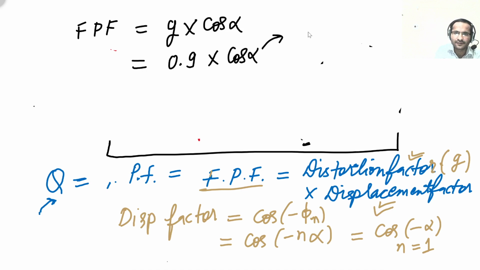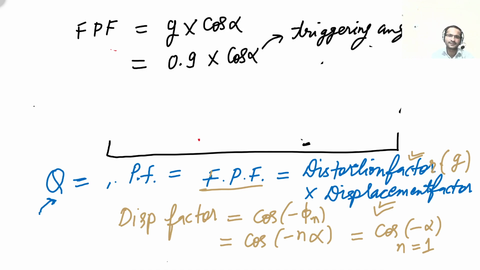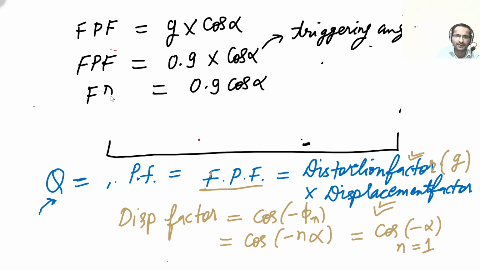This alpha is the triggering angle. For a thyristor this alpha varies from 0 to 90 degrees. So the power factor for a single phase full bridge converter can finally be written like this, the fundamental power factor.